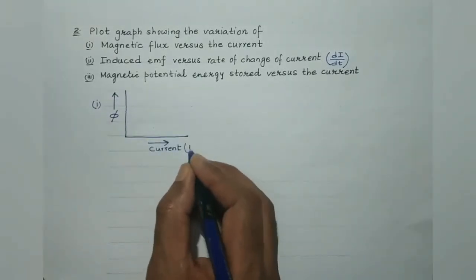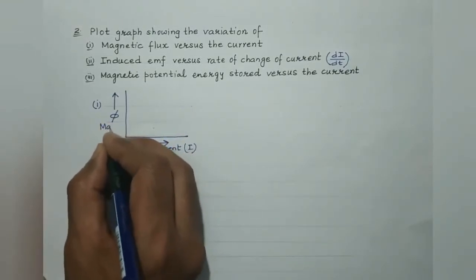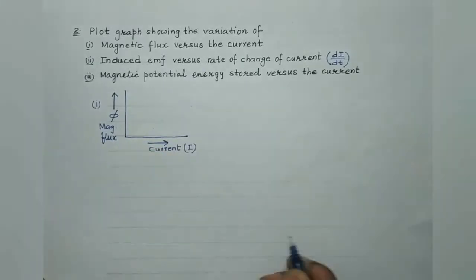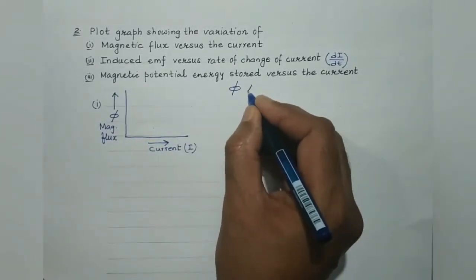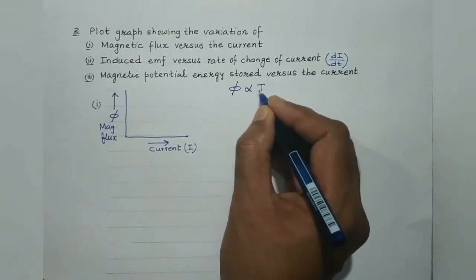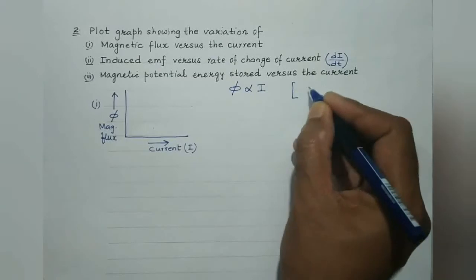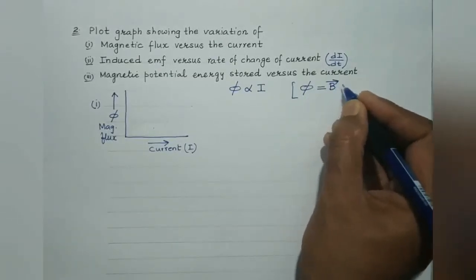This is current and this is, suppose, the magnetic flux. Now students, we are already aware magnetic flux is directly proportional to the current flowing through the coil.